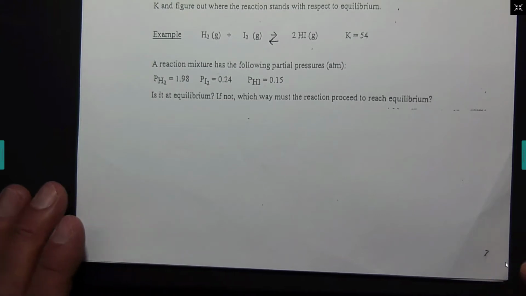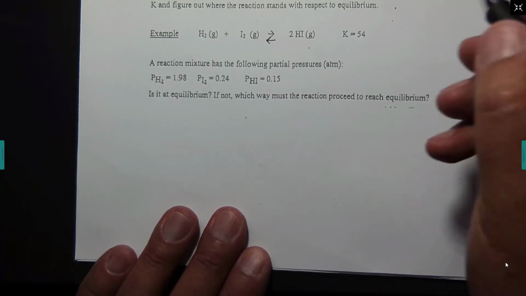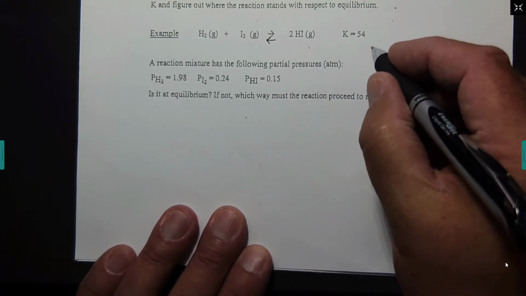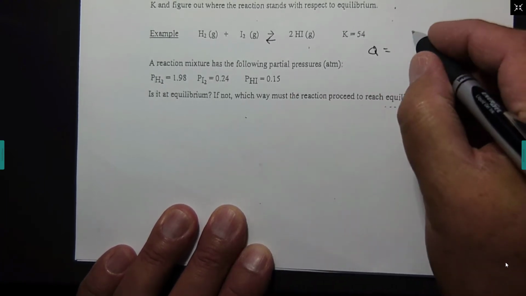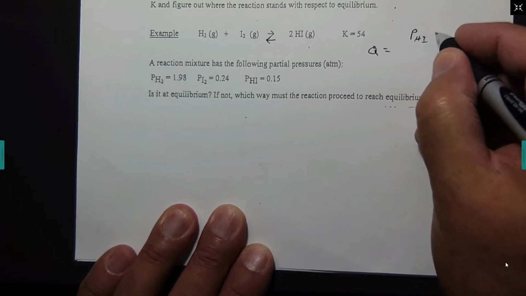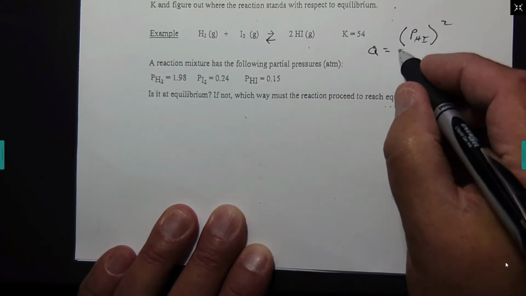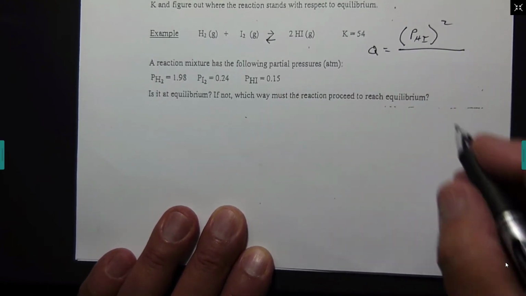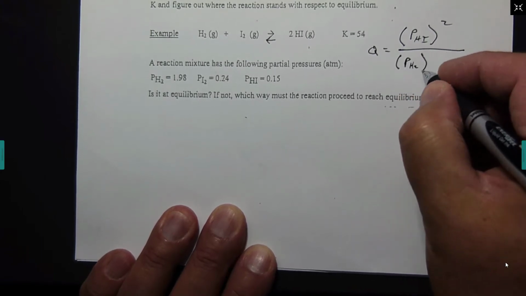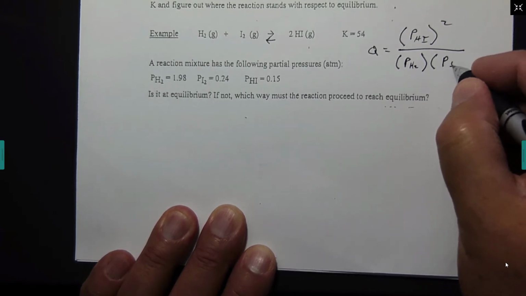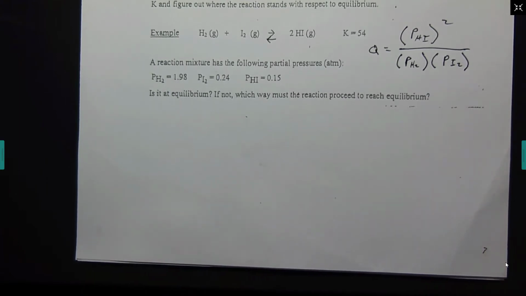You write your equilibrium expression or your reaction quotient expression, if you will, in this case, Q. The Q reaction quotient is the partial pressure of the HI to the second power, because of that 2. Products over reactants, so it's that times the partial pressure of your hydrogen and the partial pressure of your iodine. That's your expression there.